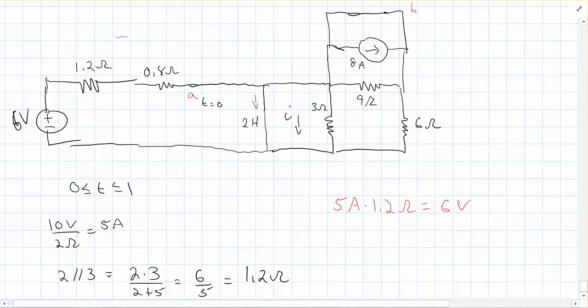So 1.2 ohms. But then what do we have? We have 1.2 ohms in series, which in series just means we add, with a 0.8 ohm, which gets me 2 ohms.